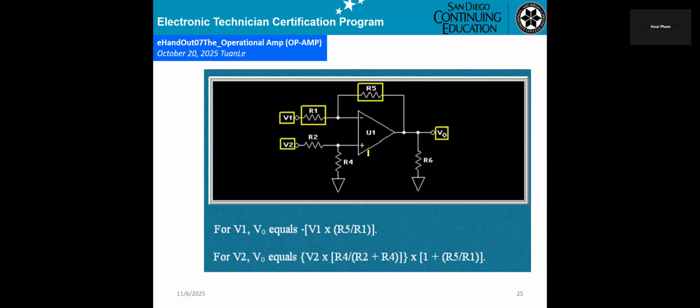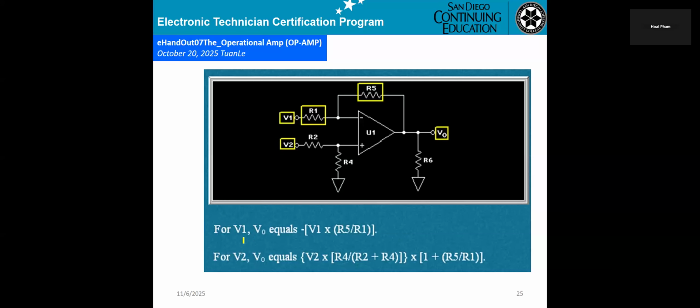So what happened to the V2? You have to use superposition in a DC. That means you ground V2 and work with V1. Okay?